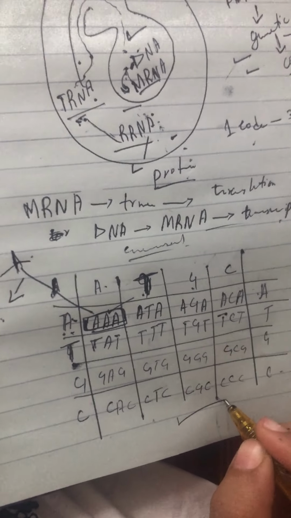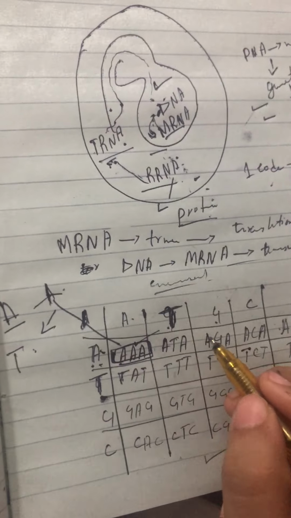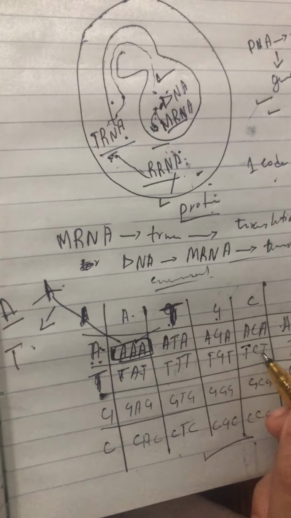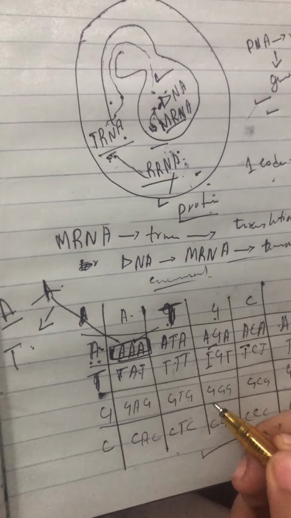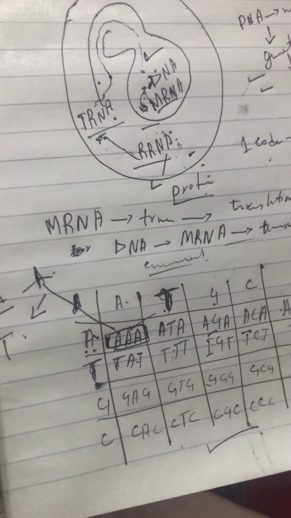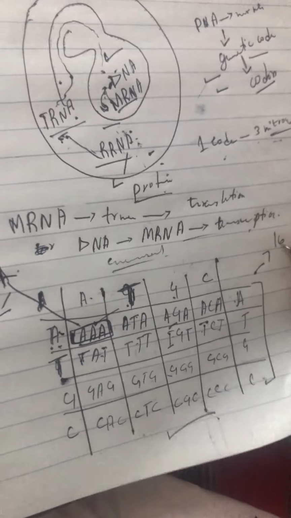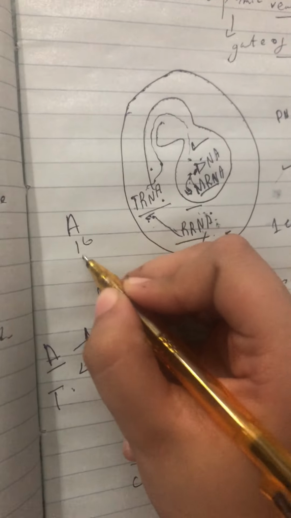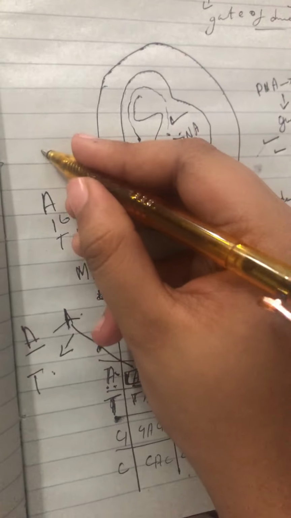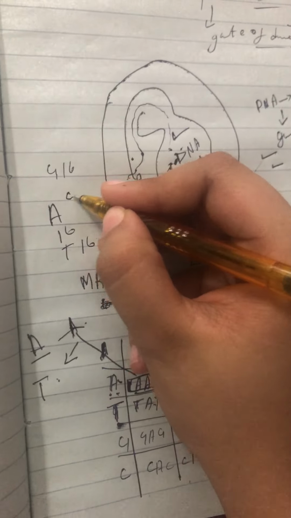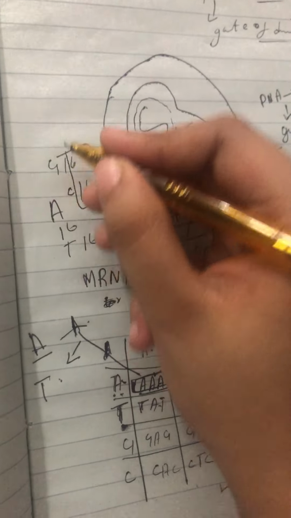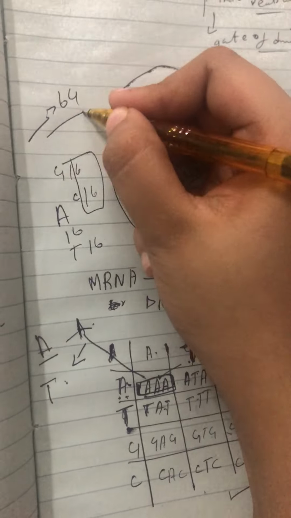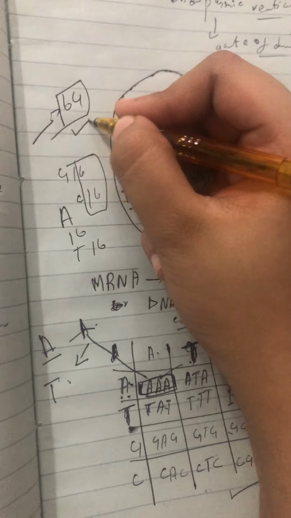This is one codon. Here you can see 1, 2, 3, 4, 1, 2, 3, 4, 4, 16. These total are 16. If we make, for example, adenine 16, thymine 16, guanine 16 and cytosine 16, these all will be 64, which means total codes will be 64.